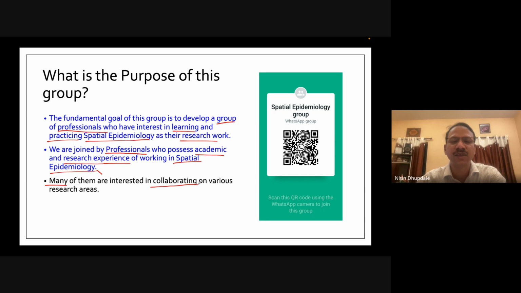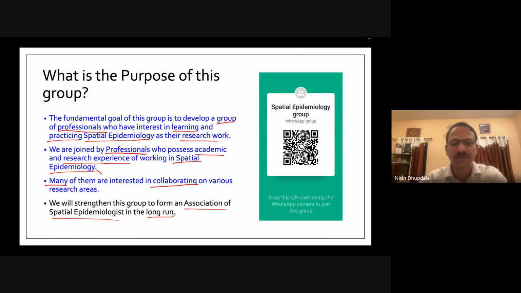So you will have the opportunity to work on their research areas of interest, help them in data collection, and understand how spatial epidemiology studies are conducted. The ultimate goal is to have an association of spatial epidemiologists in the long run, maybe in the near future.